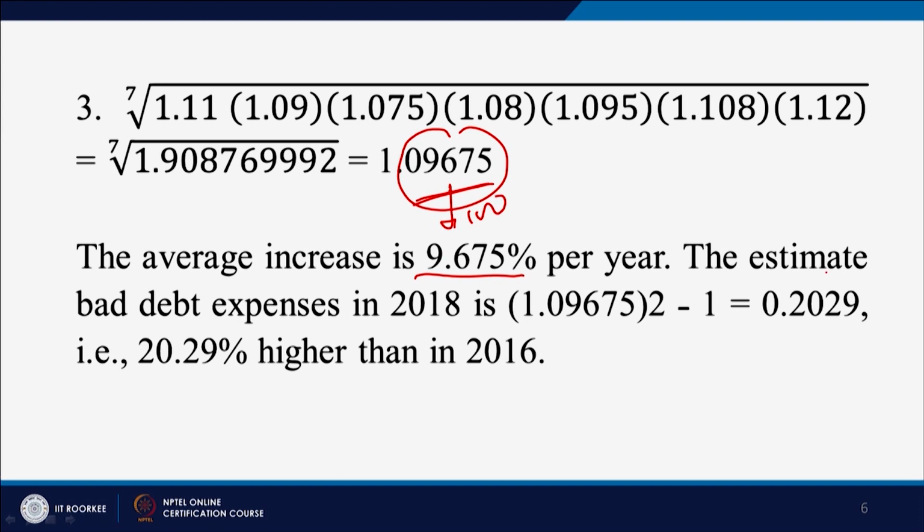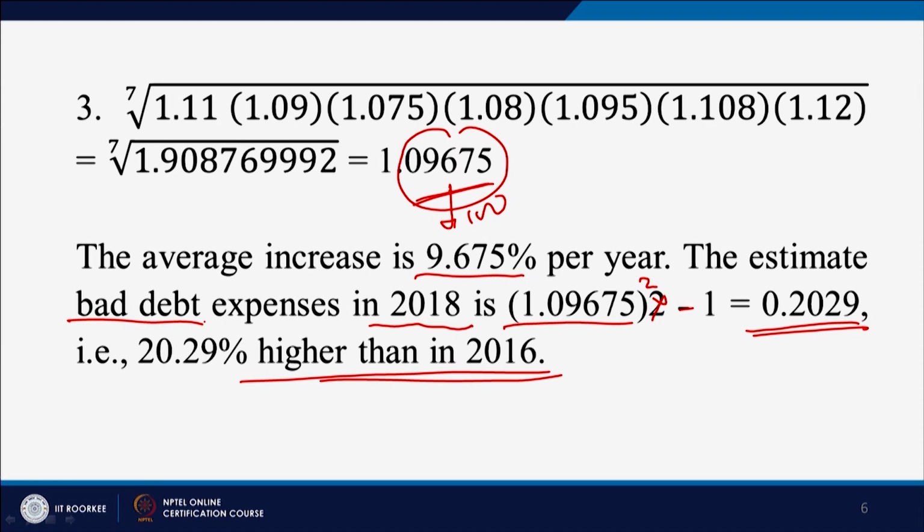The estimated bad debt expense in 2018 is this value, 1.096, squared. This is not multiplication, it is the square of this, minus 1. So, you will get 20.29 as the answer to this question. That would be the estimated bad debt increase in 2018.